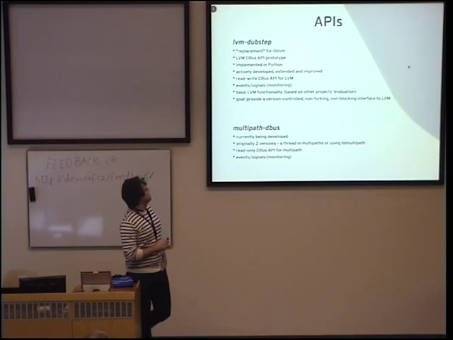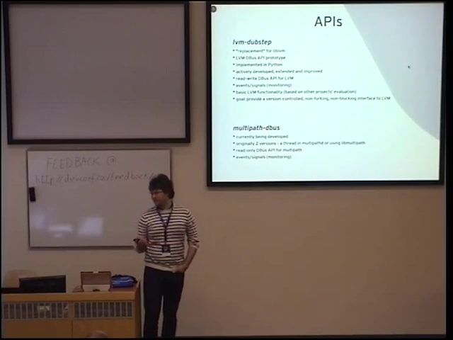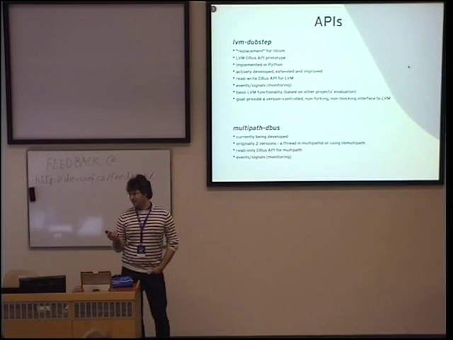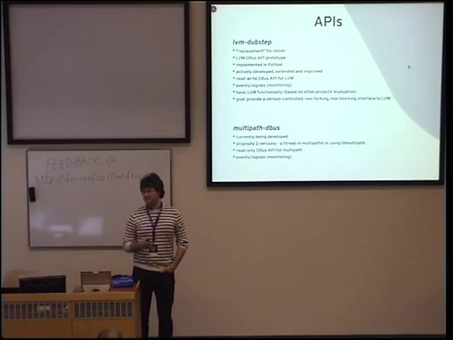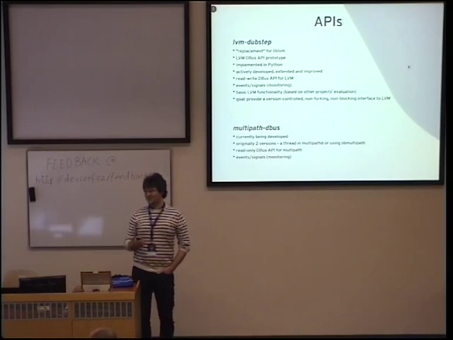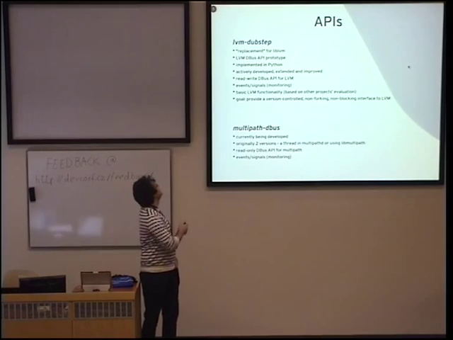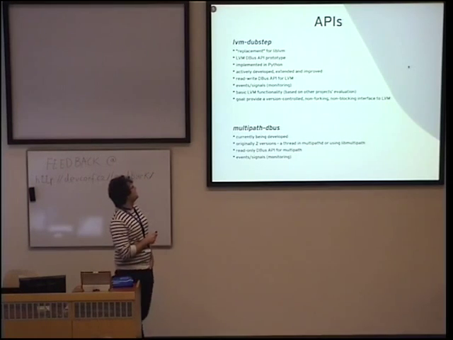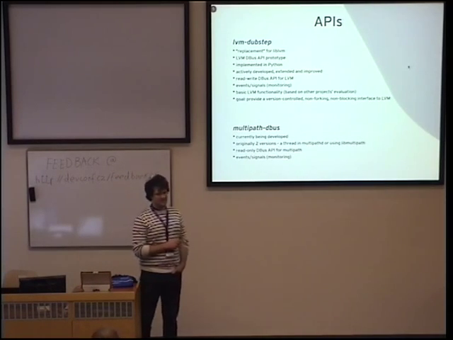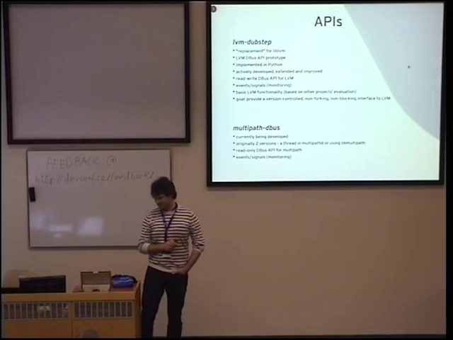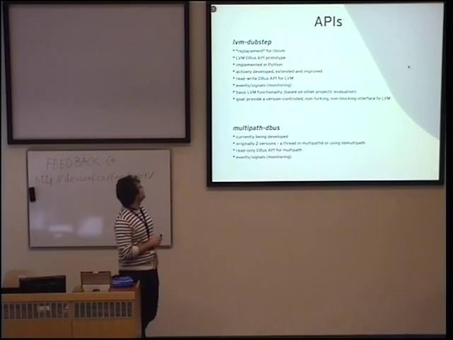Because right now it's developed by Tony Asleson, who is not a member of the LVM team, right? Not a direct one. He's going to other projects in the future or something. Yeah, so that's why he's requesting that. There are technical reasons as well. Right now it's in Python. It doesn't matter too much because it's faster than most use cases really need. So it's not a big problem.